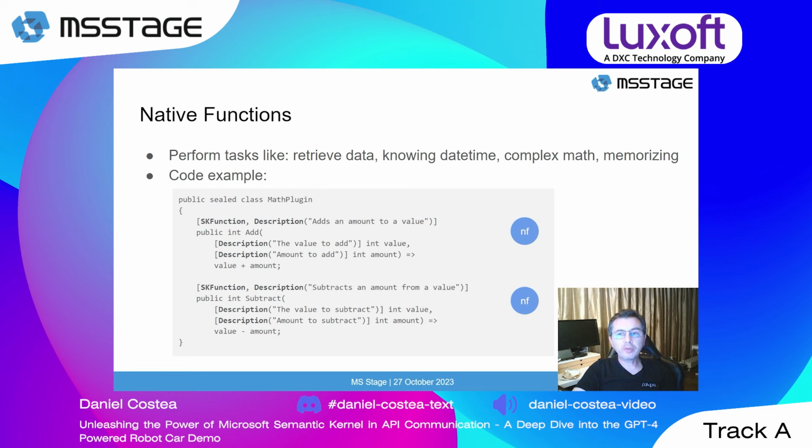Then, choose sufficiently unique descriptions for the other functions in the same plugin. If they are not, the planner may not be able to distinguish between them. We don't want that. And if we have trouble getting the planner to use a function, try adding recommendations or examples of how to use the function in the description.